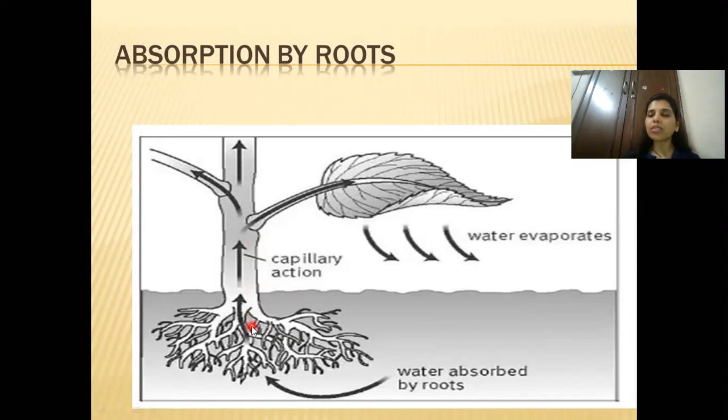And both these things, that is, water and minerals, are absorbed from the soil with the help of roots. So, it's very important for us to understand this mechanism, that is absorption by roots, in detail.